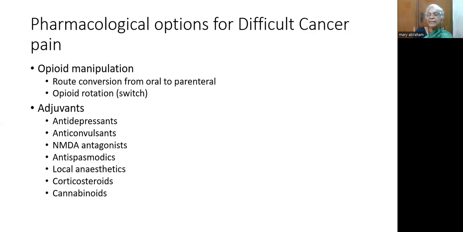That is called opioid manipulation. Then we have to see whether an adjuvant has to be added. That depends upon the type of pain or whether there's a new onset pain, like in this patient, who had severe abdominal pain. So we have to add one of the adjuvants accordingly. Next, please.